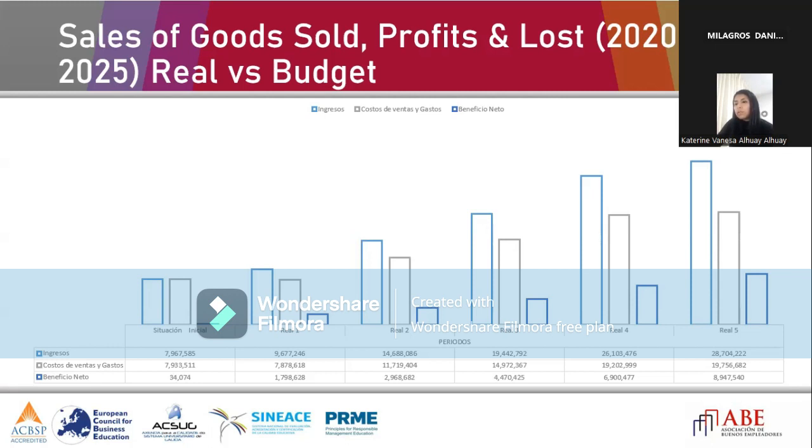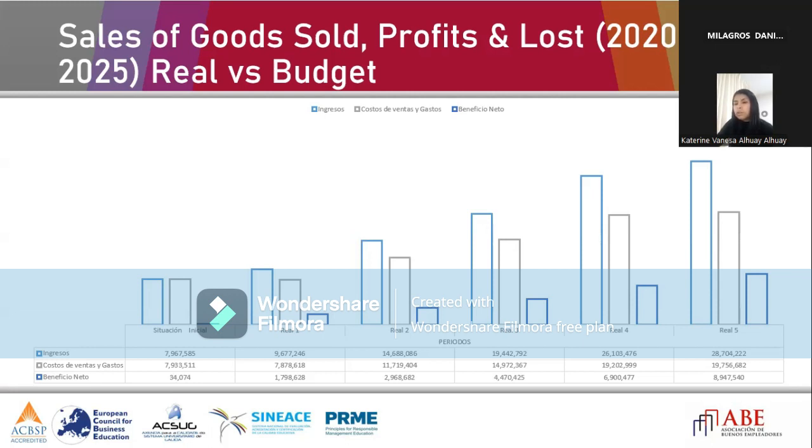According to costs, we have here in the initial situation 7,933,511 and a variation in real 5 that is an amount of 19,756,682.